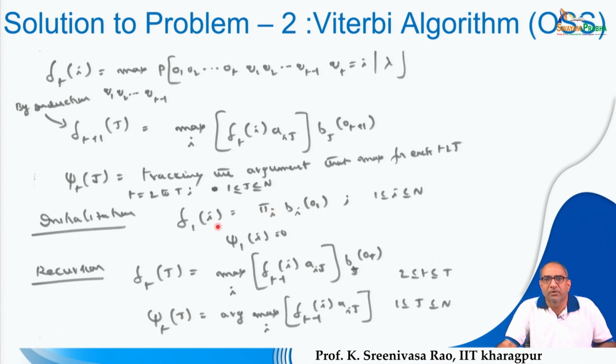With that you can estimate delta 1 of i, and since it is the initial state, no backtracking is required. So, psi 1 of i equals 0, because this is the initial state, and we cannot backtrack anything from that. So, this is a starting point.